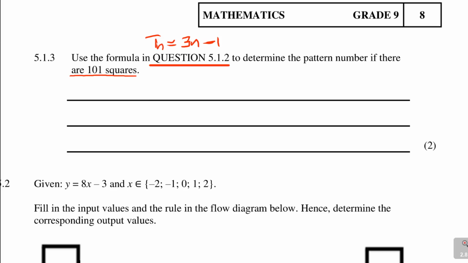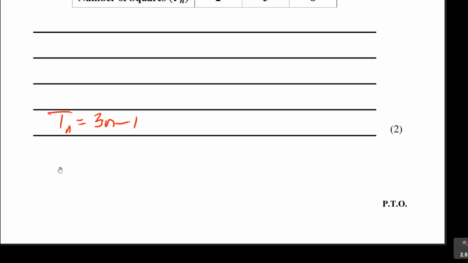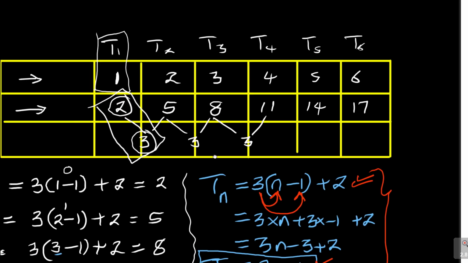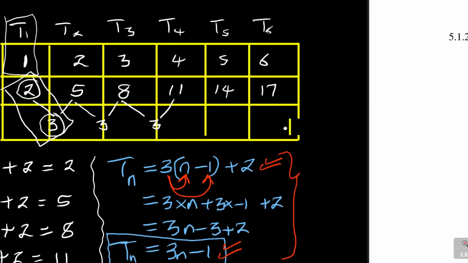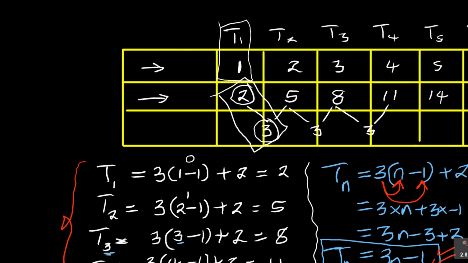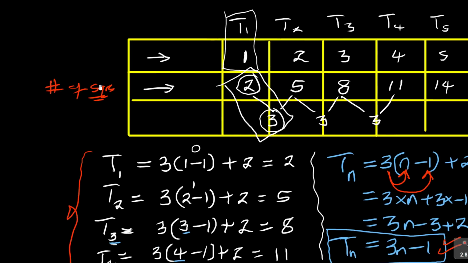Now let me take you back. If you remember, these here were number of squares. Where is it? Number of squares, Tn. So these were number of squares here. Still remember this one. It was number of squares. So now they are telling us that, and this was our what?